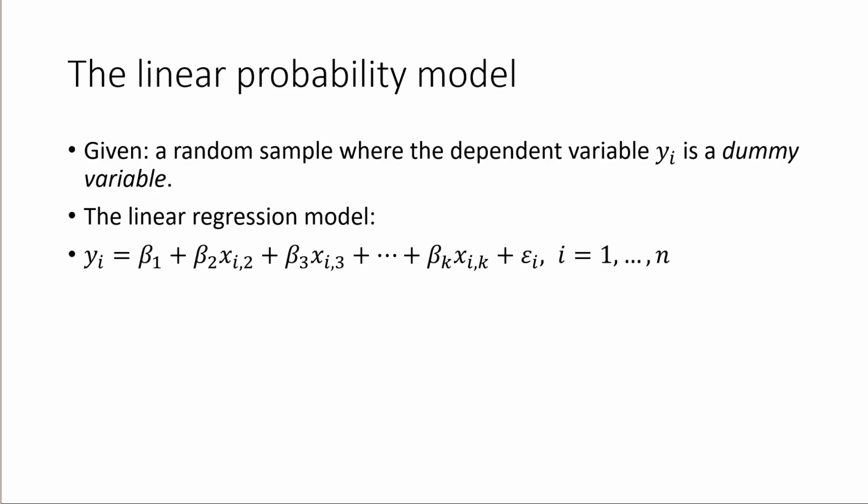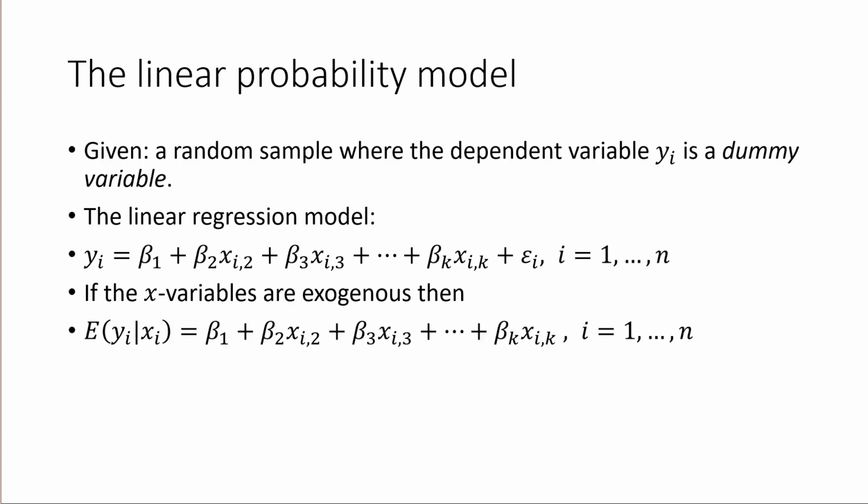Let's assume that the explanatory variables are exogenous in this linear regression model. Remember, if the explanatory variables are exogenous, then the expression between the equal sign and the error term will be the conditional expectation of y given x. So if they are exogenous, then the conditional expectation of y given x is this linear expression.